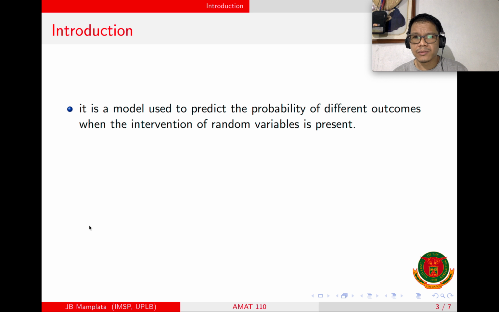In order to do that, via Monte Carlo simulation, you will toss the coin as many times as possible and record every outcome in the experiment.